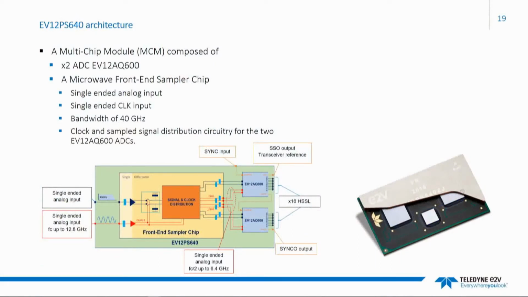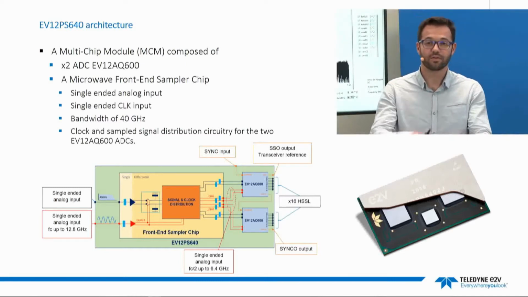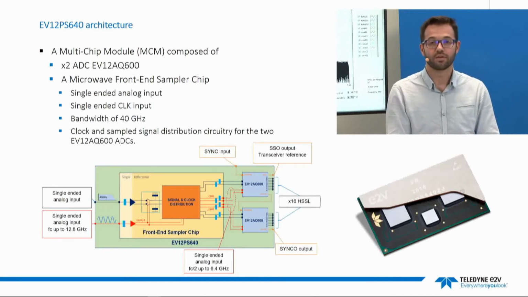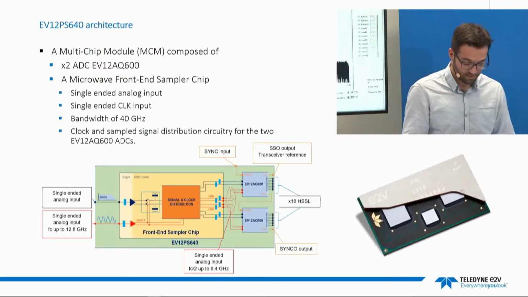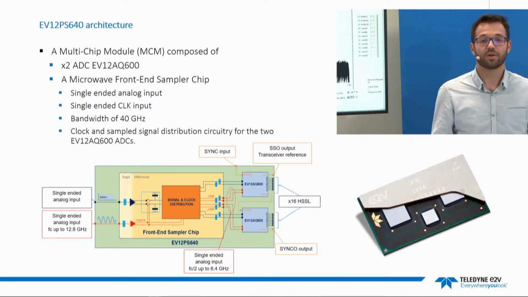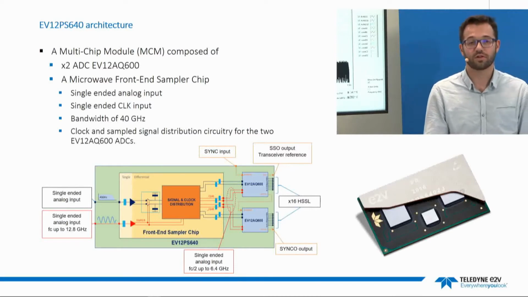What is, Stéphane, the architecture of the EV12PS640? The architecture of the EV12PS640 is a multi-chip module composed of 3 dies, 2 EV12AQ600. We can see them in the image at the bottom right, and at the bottom left we can see a block diagram of the architecture.